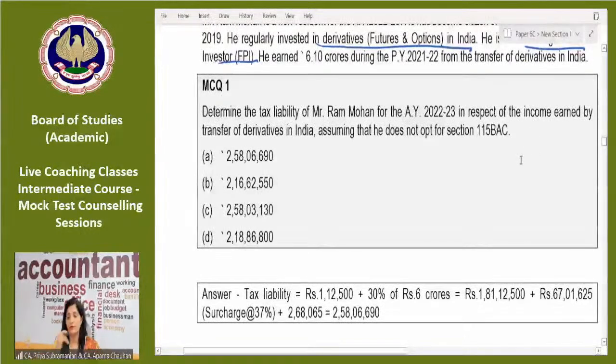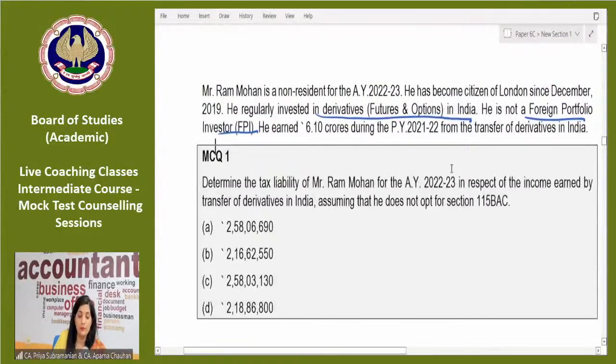He is regularly investing in derivatives. If a person does this regularly, it is considered business income, right? And he is a non-resident. And one other piece of information is FPI. FPI here is important information to determine his tax liability.